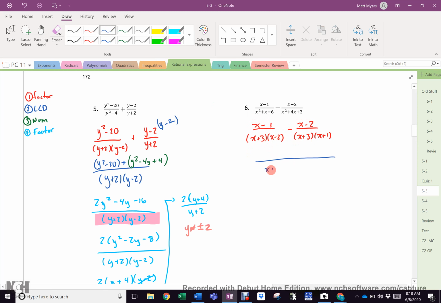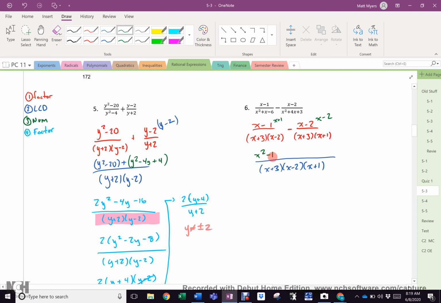I need x plus 3. I need x minus 2. And I need x plus 1. That's got all the parts at the bottom. This guy has x plus 3 and x minus 2, so he's missing x plus 1. This guy has the 3 and the 1, so this guy is missing x minus 2. And then I change my denominators.